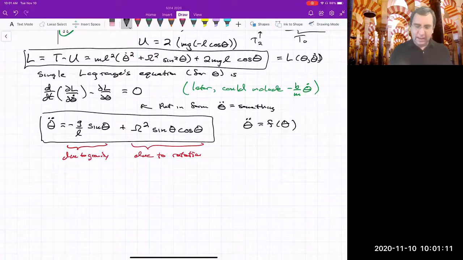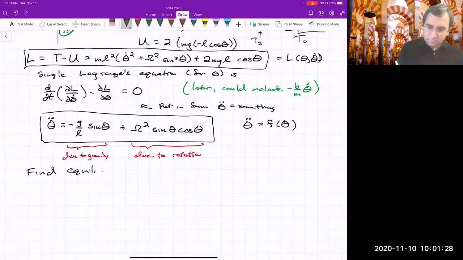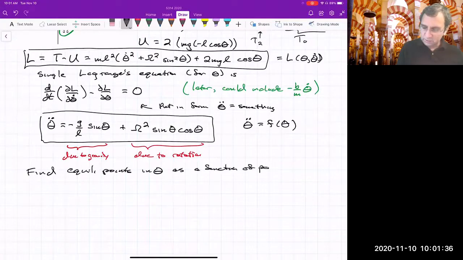So we want to see how the equilibrium points in theta depend on these parameters. What parameters do we have? We have g, we have L, we have capital omega. So we want to find equilibrium points in theta as a function of the parameters g, L, omega.